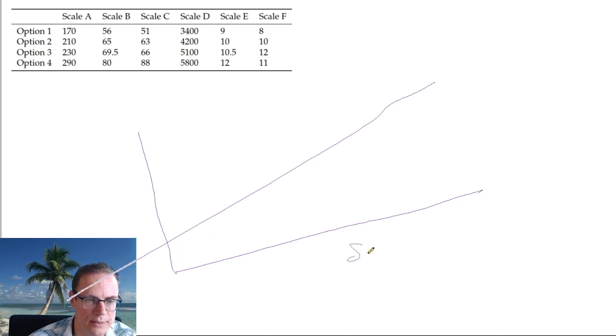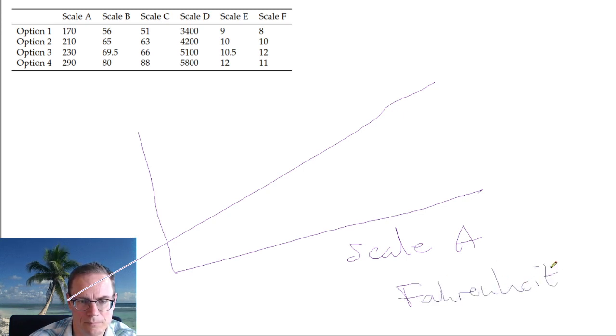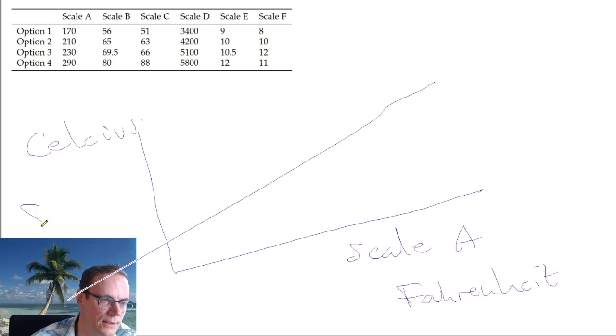So the example that I gave in class was Fahrenheit, and here we have Celsius. That's scale B.